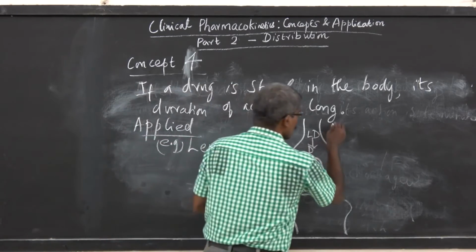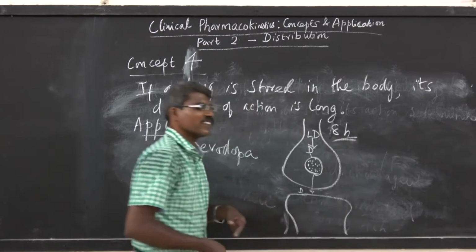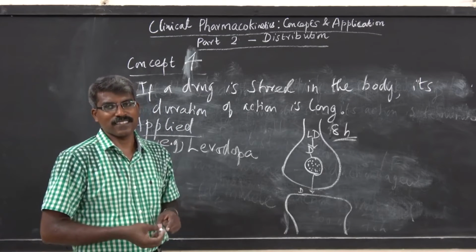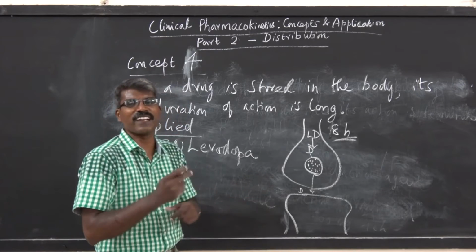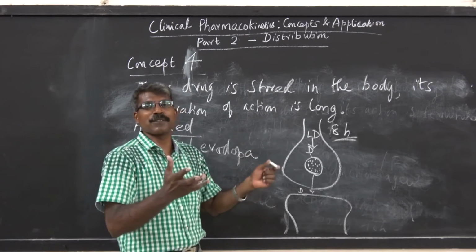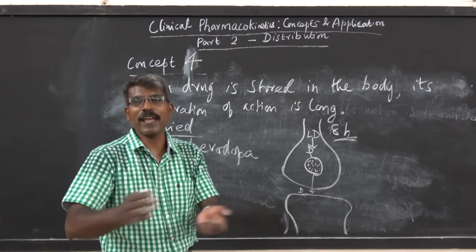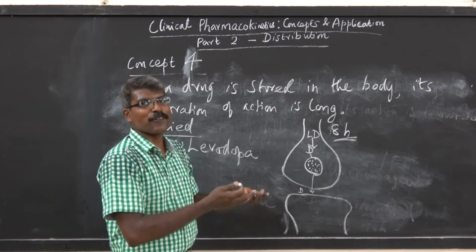Now the duration of action is around 8 hours initially when you start therapy in a patient with Parkinson's disease. You all know that Parkinson's disease is a neurodegenerative disorder. When we diagnose, the patient might have 70% of working dopaminergic neurons. As the time passes, 70% becomes 60, 50, 40.